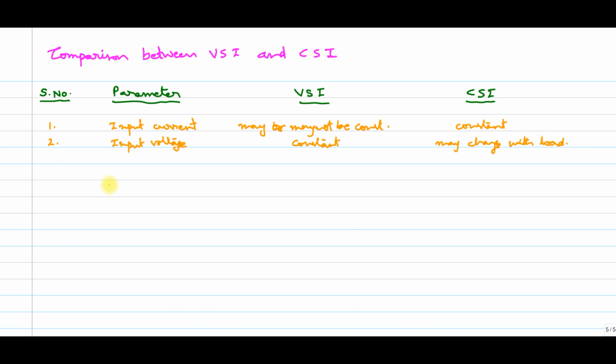The third point is misfire of switches. What will happen if any switch is misfired? It may cause a short circuit, and this is a serious problem in the case of a voltage source inverter.